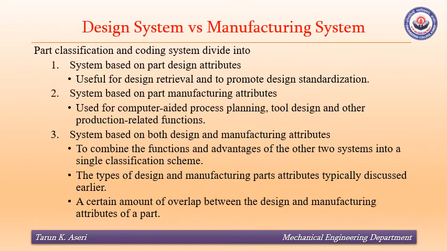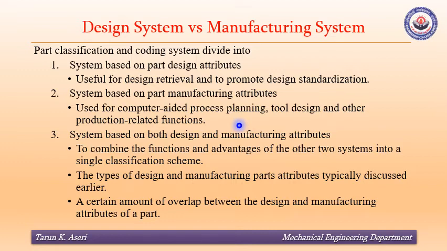So the coding system is divided into systems based on part design attributes, used for design retrieval and to promote design standardization, and manufacturing attributes, so that computer aided process planning, tool design, and other production related functions can be accomplished at a good level.